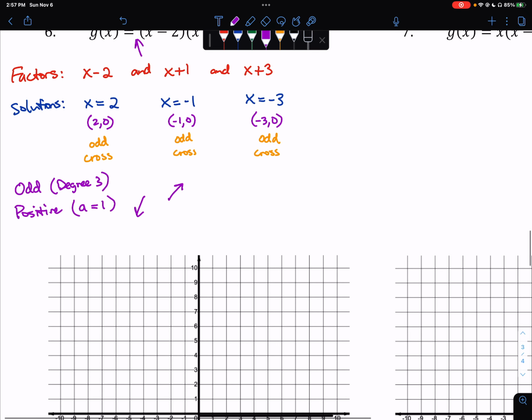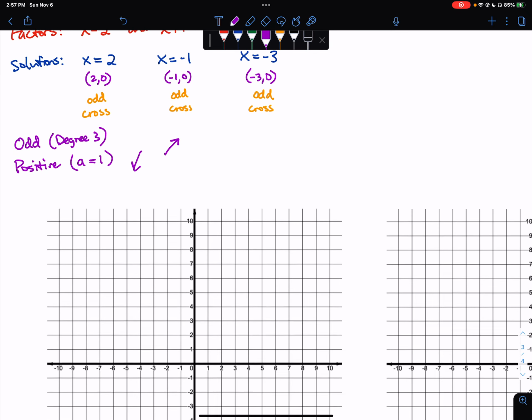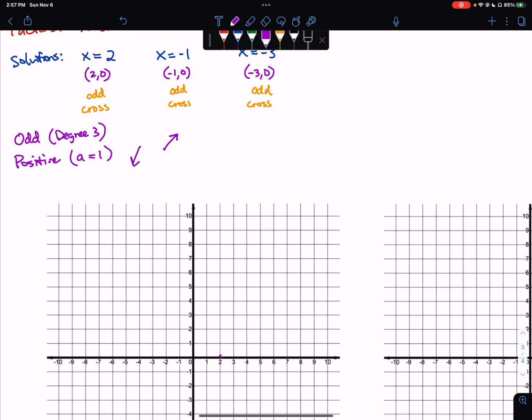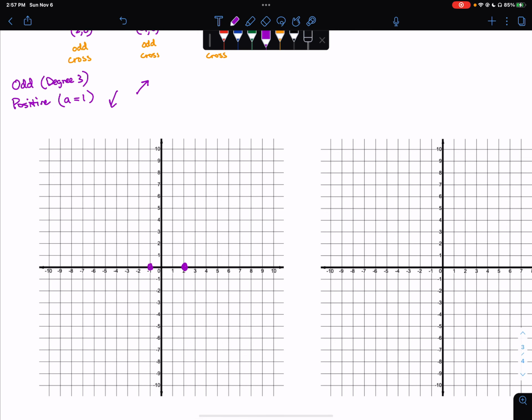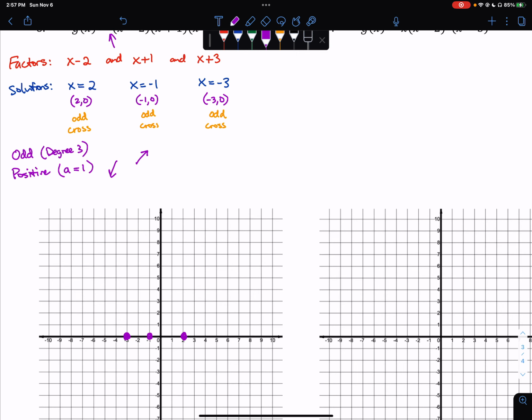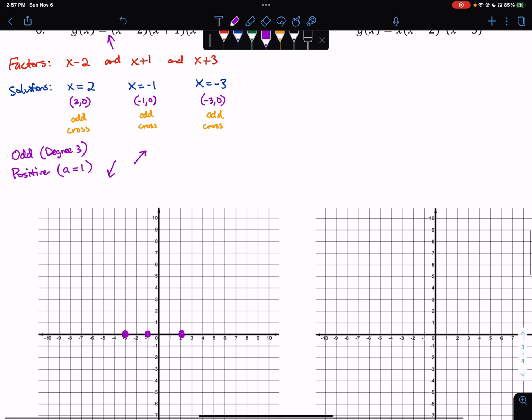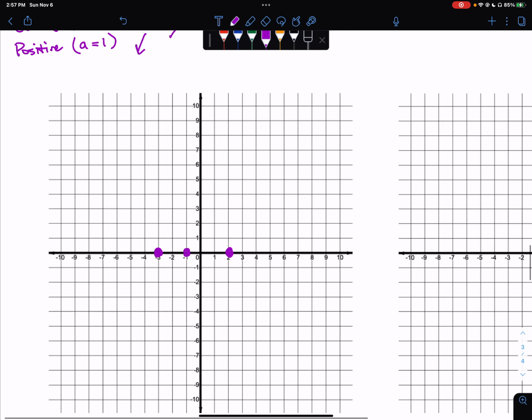So as we graph this, we have our intercepts: (2, 0), (-1, 0), and (-3, 0). We know that the right side needs to go up, and the left side needs to go down.